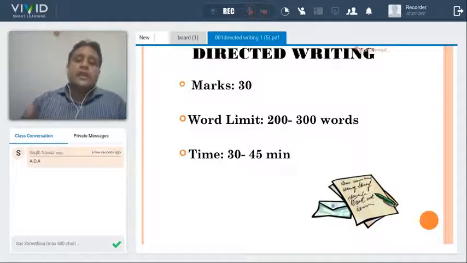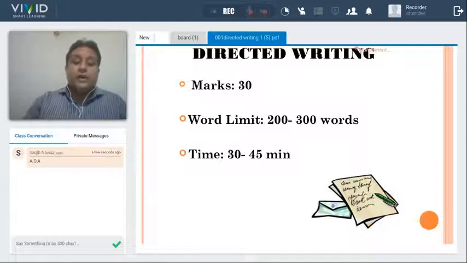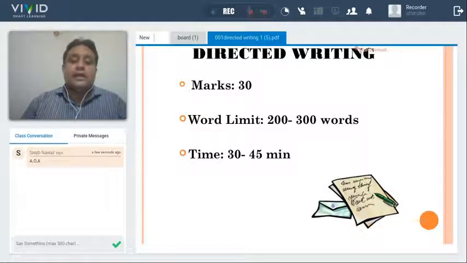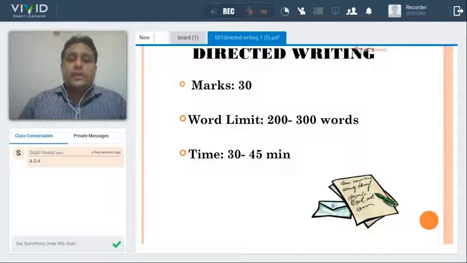In directed writing, section 1 of paper 1, that is of 30 marks, we are going to see either a letter or a report, a speech or an article. There will be one question in your directed writing portion, 30 marks in total. And the word limit for that particular question will be 200 to 300 words.